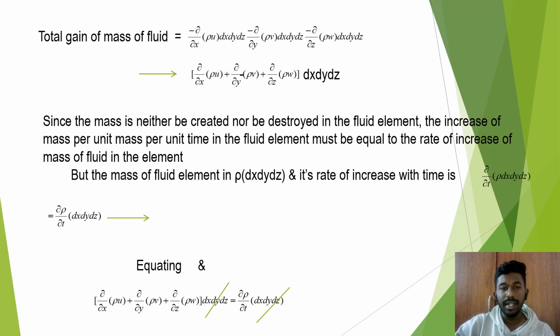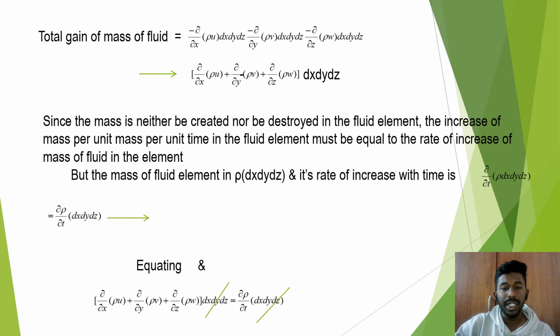The mass of the fluid element is rho into dx dy dz, and its rate of increase with time will be given as del by del t of rho dx dy dz. Thus, this gives us del rho by del t into dx dy dz.